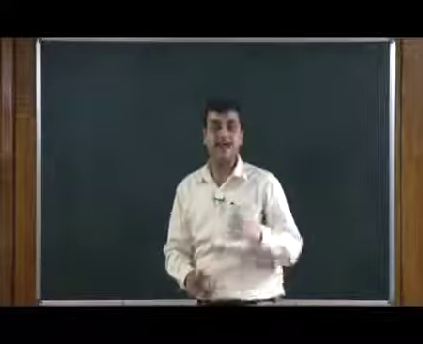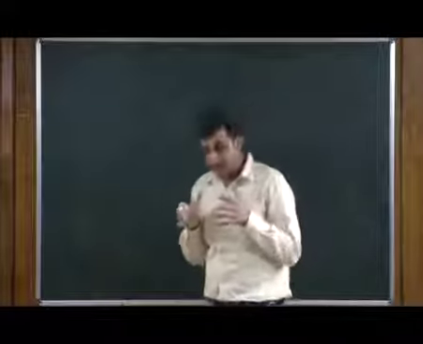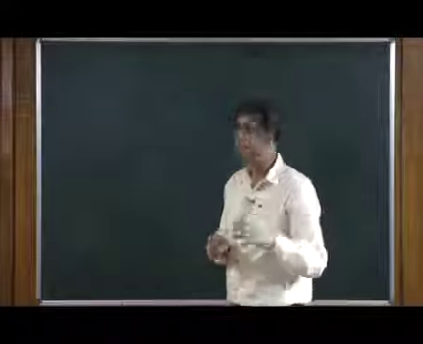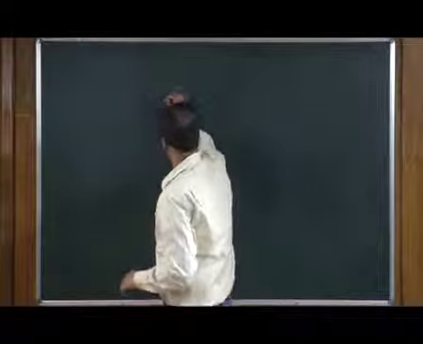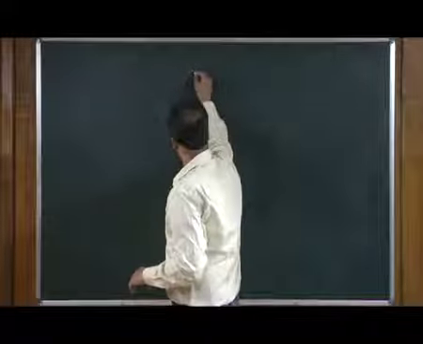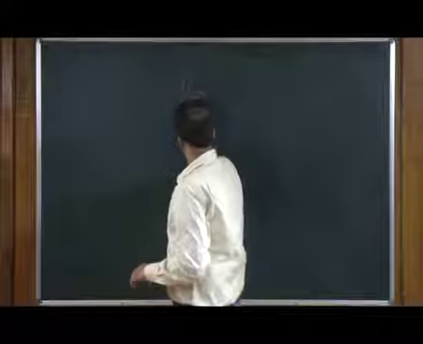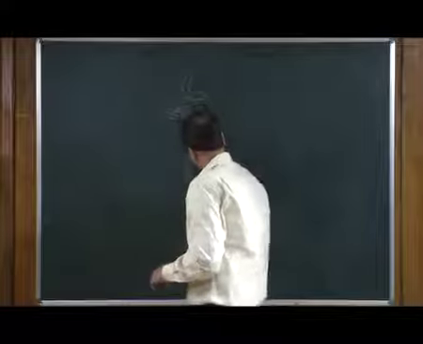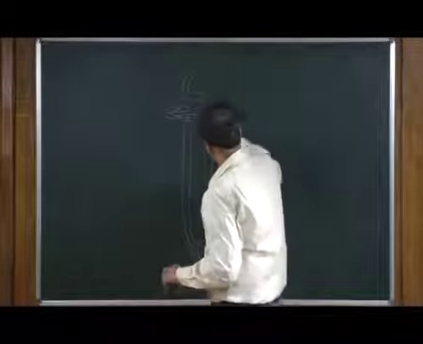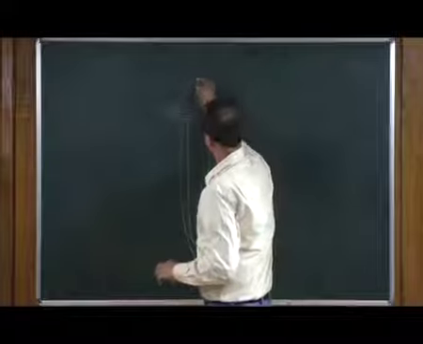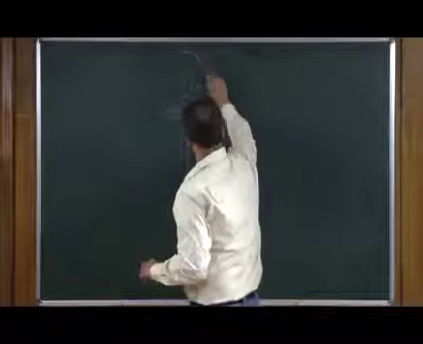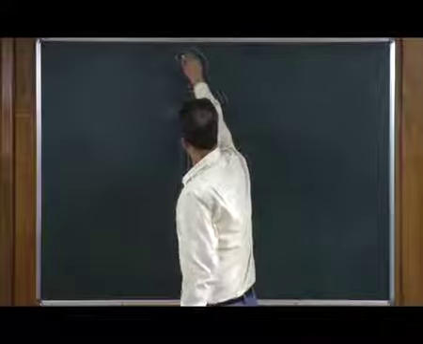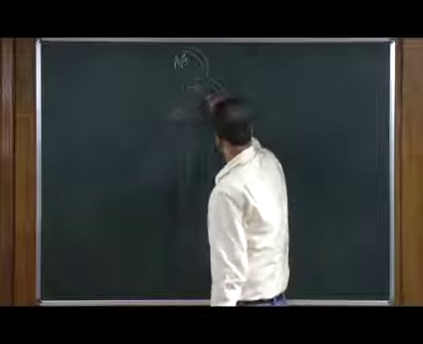What is happening here, we will try to draw the glomerulus one more time. This is our Bowman capsule, and then we have the proximal convoluted tubule, and then the loop of Henle, and then we draw the afferent and the efferent arterioles.